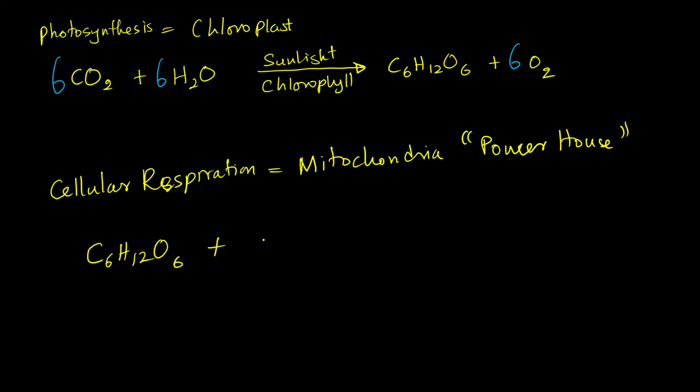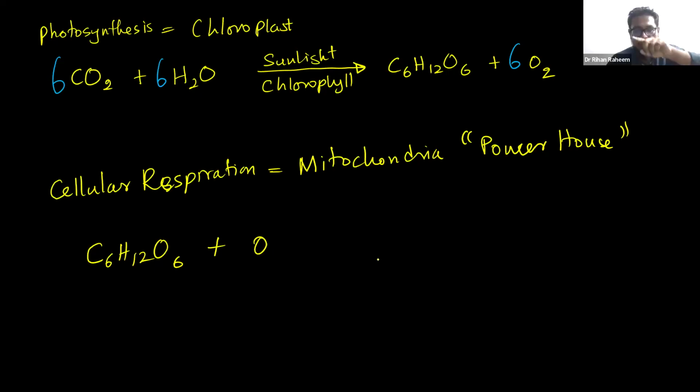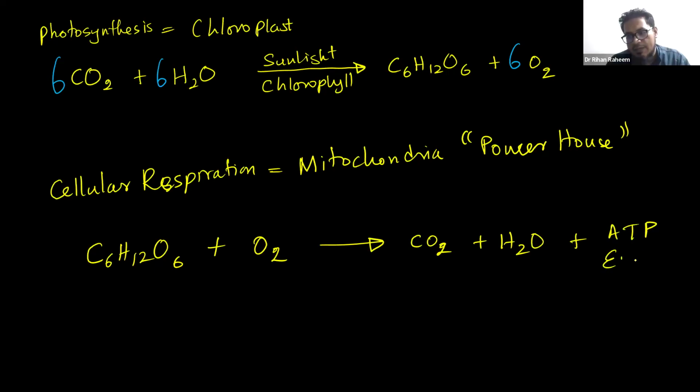Oxygen. So that oxygen from the blood, it will go into the cell and into the mitochondria. There the oxygen and the glucose will get together and produce carbon dioxide, water, and a special type of energy that is known as ATP energy. It will produce ATP energy.